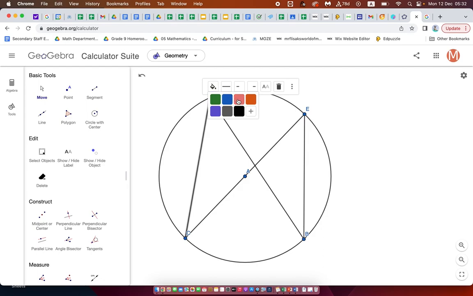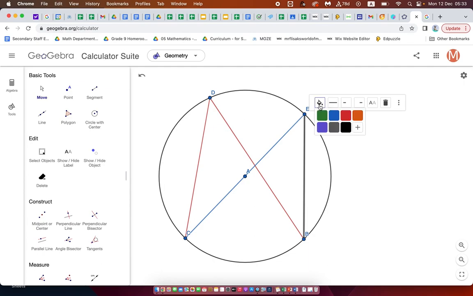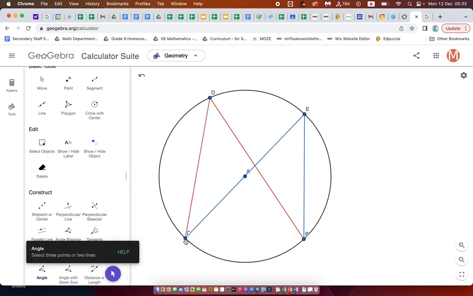I'm going to hit red for this one. I'm going to make the other leg of this angle also red. Okay, so that angle's in red, it's easier to see. Now the other angle, I'm going to make in a different color. So maybe I'll make it blue. Okay, there, and this segment also, and it's blue. Great. So I have the red angle, 1 inscribed angle, blue angle, another inscribed angle, both opening to the same arc. Now let's see what the relationship between the 2 angles is. So I'm going to measure those 2 angles.